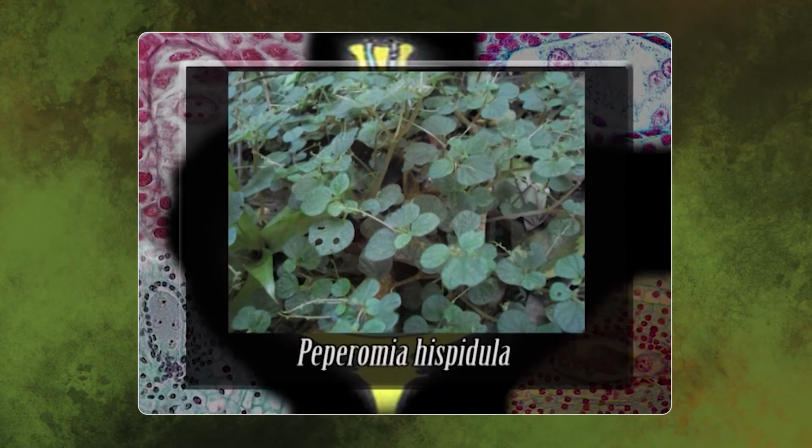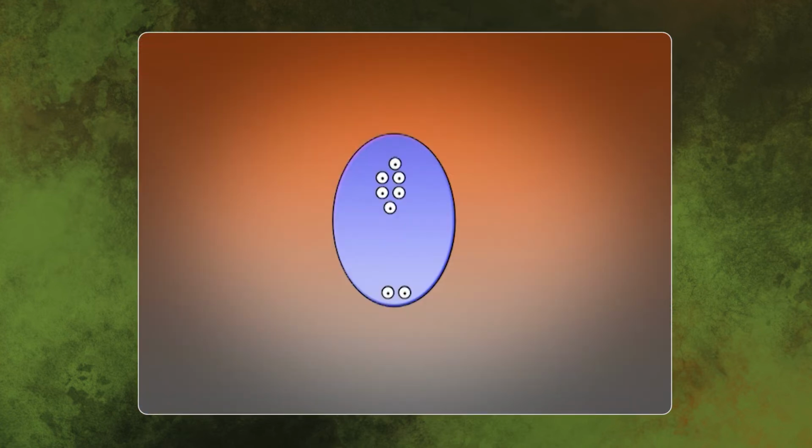Johnson in 1914 reported a different type of embryo sac development in Peperomia hispidula. At the 8 nucleate stage, 2 nuclei are seen at the micropylar end and 6 nuclei at the chalazal end. At the 16 nucleate stage, 4 lie at the micropylar end and 12 at the chalazal end. 2 nuclei of the micropylar group now form the egg and a single synergid as in other species.